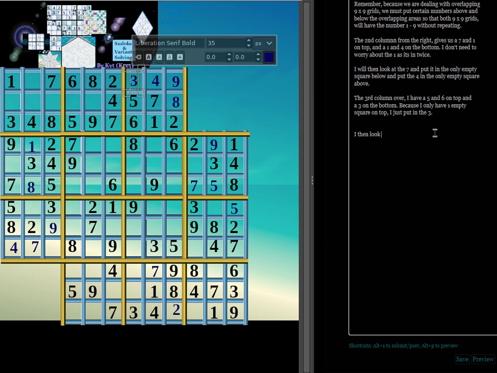I then look at the bottom two rows where the empty squares are to see where the 5 and the 6 goes.